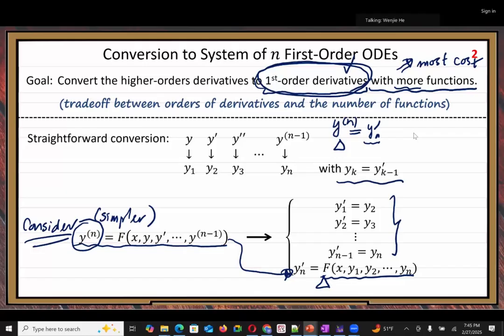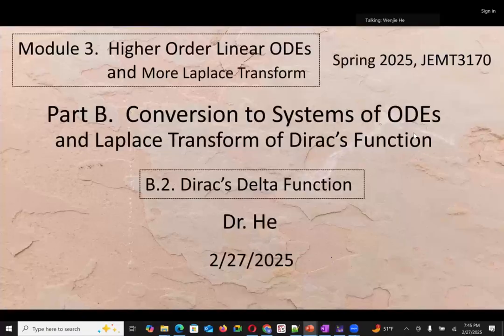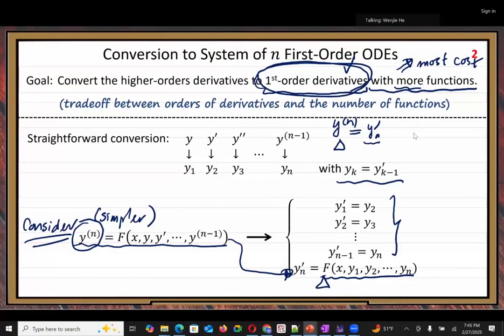All right. So next, before I jump to the new topic, let me say something. First, we know that in general ODEs, most of the ODEs we cannot solve.